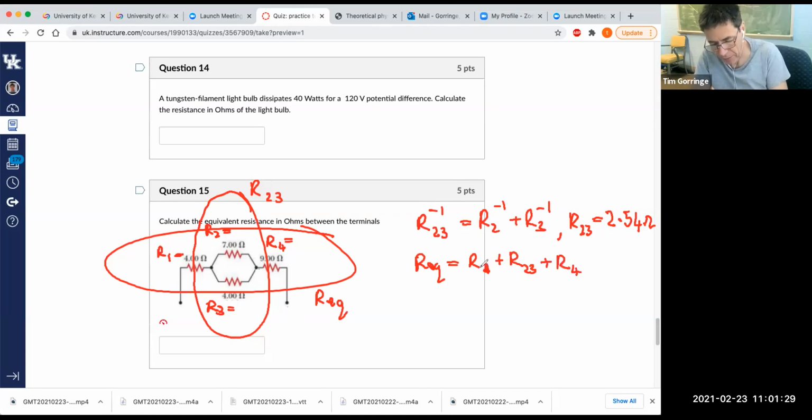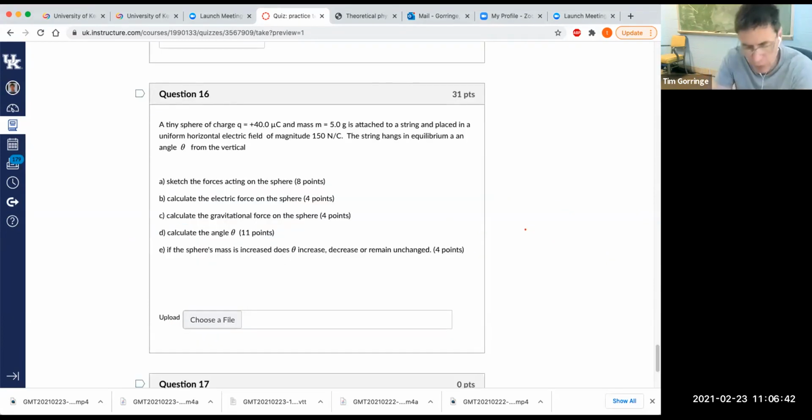So it's going to be 4 ohms plus 2.54 ohms plus 9 ohms, and that all comes out to be 15.54 ohms. And so that's the answer to our question here, 15.54 ohms.